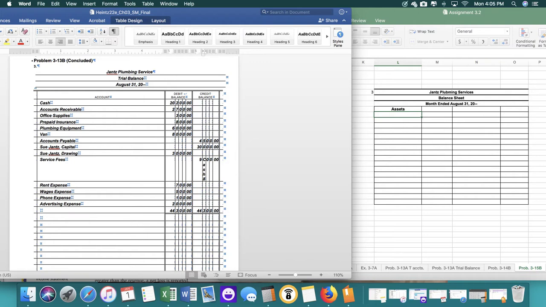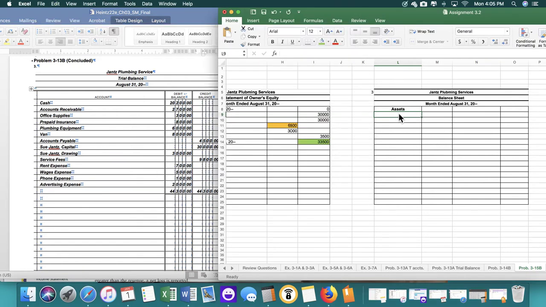We have cash, accounts receivable, office supplies, prepaid insurance, plumbing equipment, van. And we're going to enter the amounts. 20,200, 2,700, 300, 800, 6,000, 8,000.